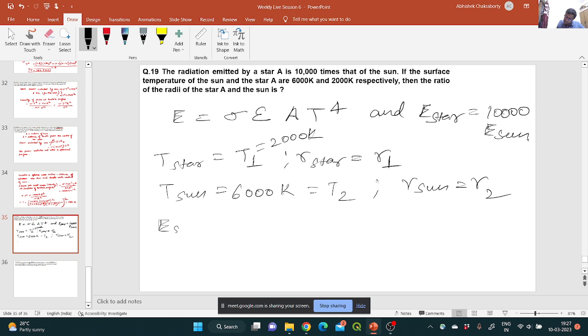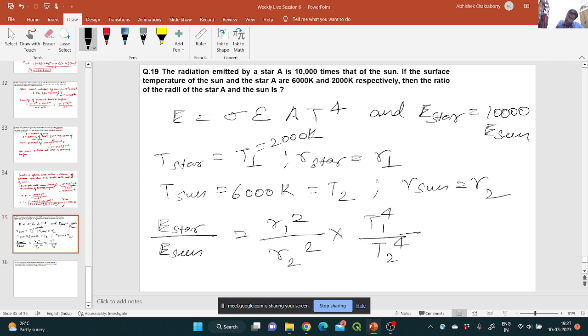So E star by E sun is R1 square by R2 square, just the inverse square law, times T1 to the power 4 by T2 to the power 4. Let's take another slide just to explain that.